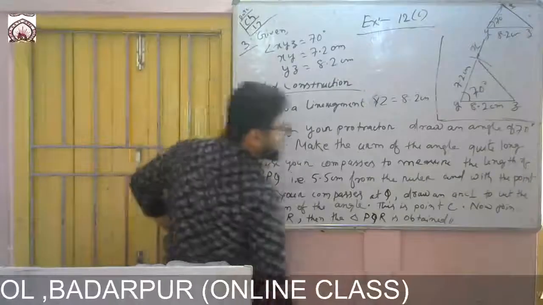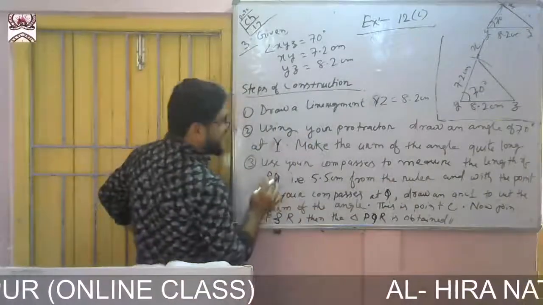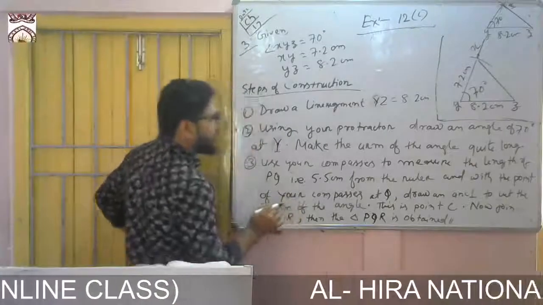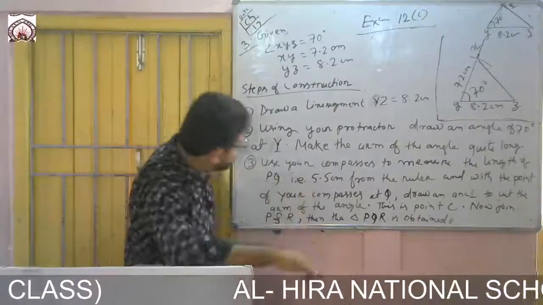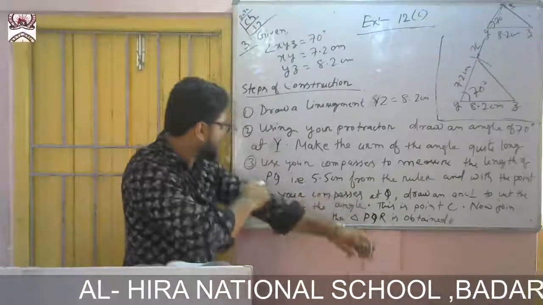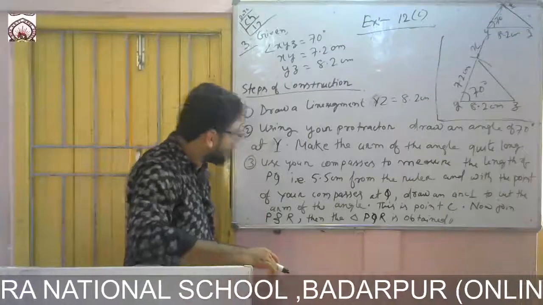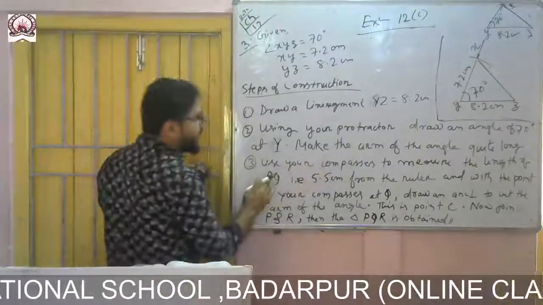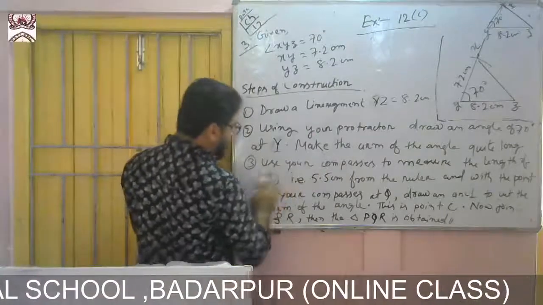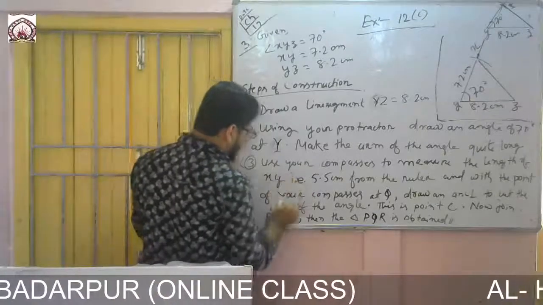Make sure that the arm of the angle is long. Use your compass to take the length of XY. XY how much?